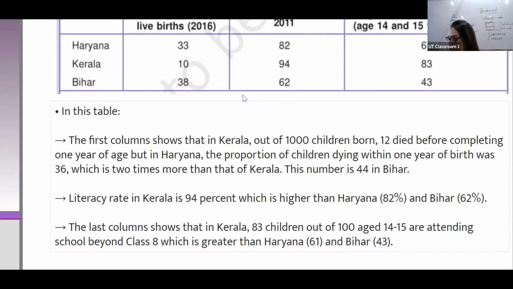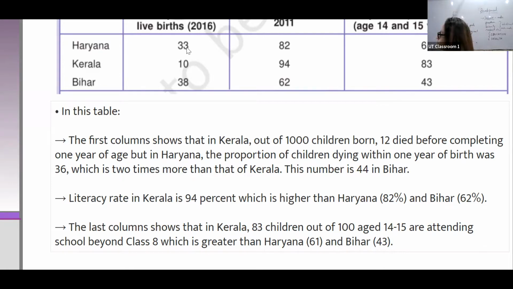What are you able to see over here? Haryana, what is the infant mortality rate? 33. Kerala is the least. Bihar is 38. Literacy rate, Haryana is 82, Kerala is 94 and Bihar is 62.